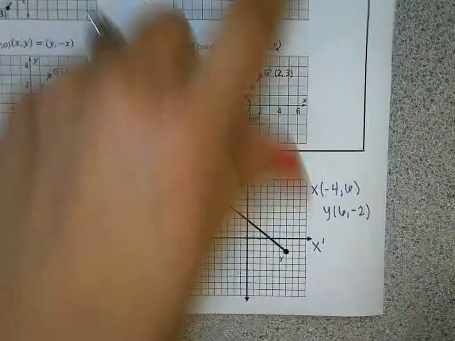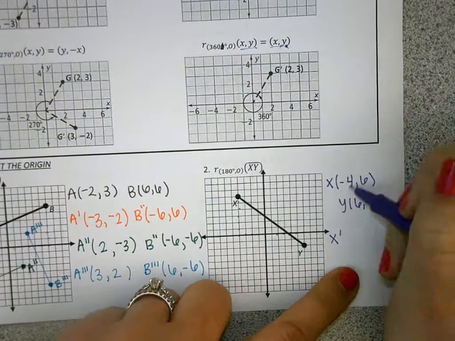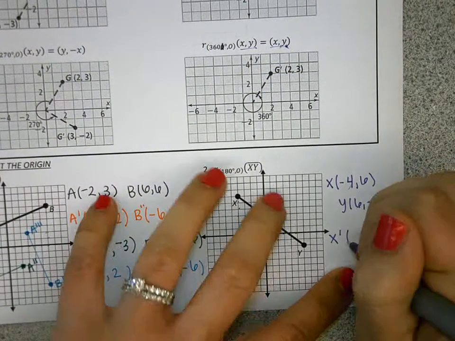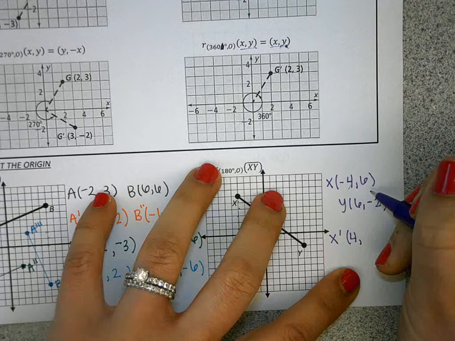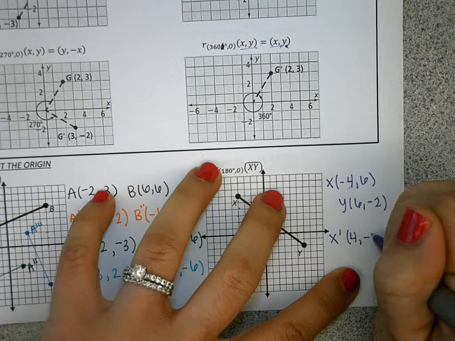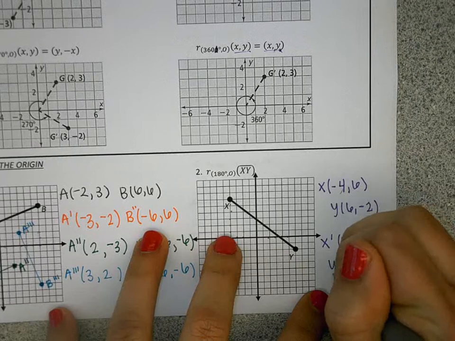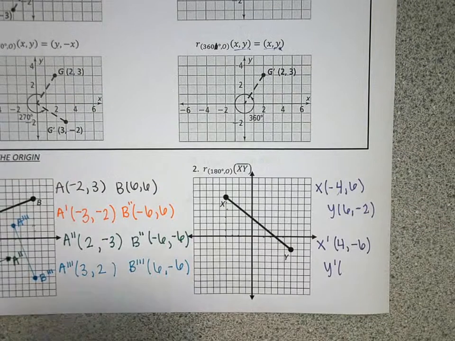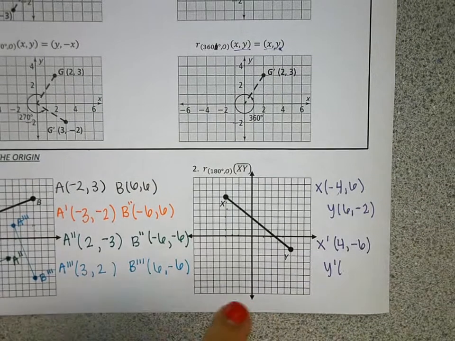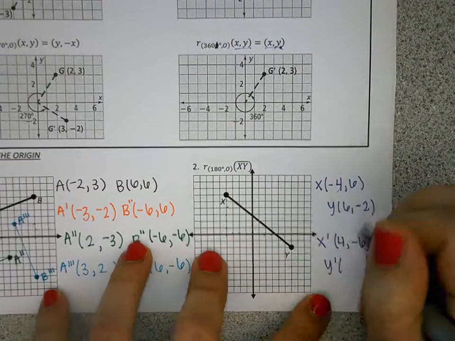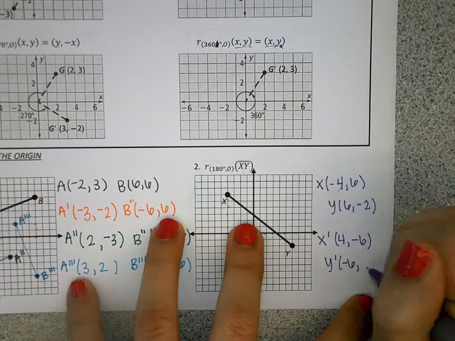So for X prime, instead of negative 4, it's going to be positive 4, and instead of positive 6, it's going to be negative 6. And then Y prime: instead of positive 6, it's going to be negative 6, and instead of negative 2, positive 2.